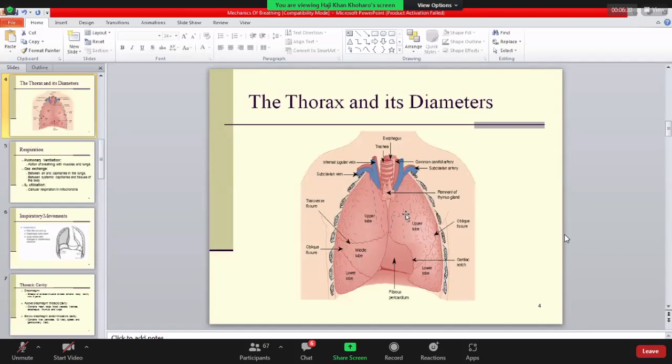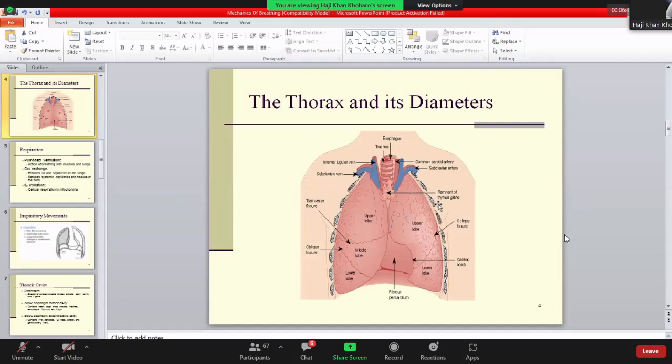The basic story is of two pressures, the pressure in the atmosphere and the pressure in the lungs. If the intrapulmonary pressure is higher than atmospheric pressure, the air will leave the lungs.